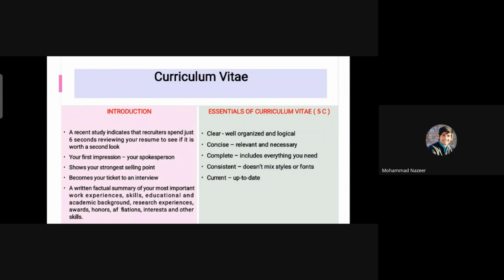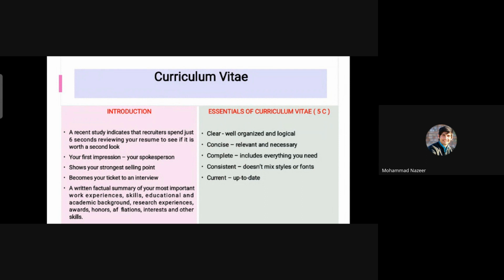Third, a curriculum vitae should include completeness. That means it should include everything you need. Another thing is it should be consistent. Apart from that, up to date. Sometimes students get confused with this term. Up to date means that if we are writing certain things, then till that date, what is your qualification?